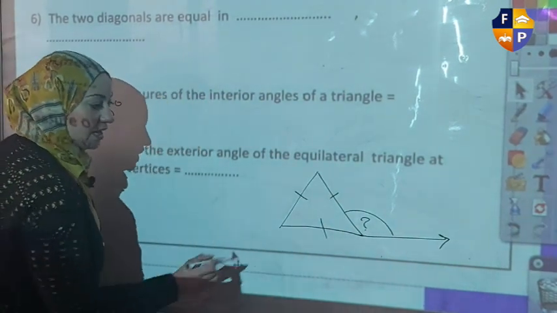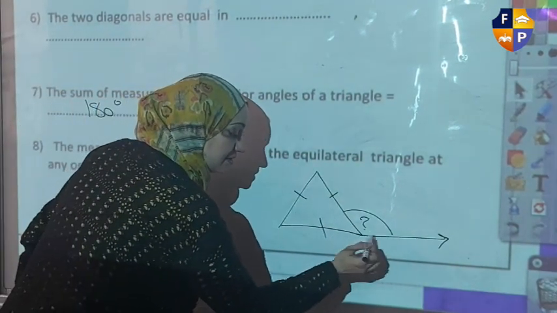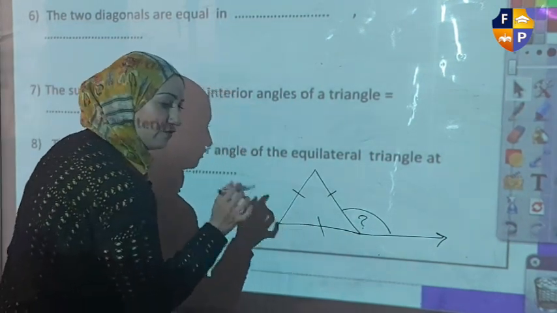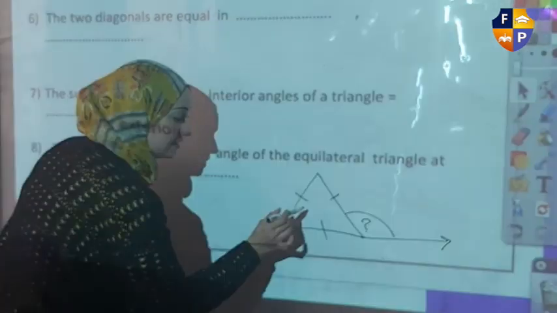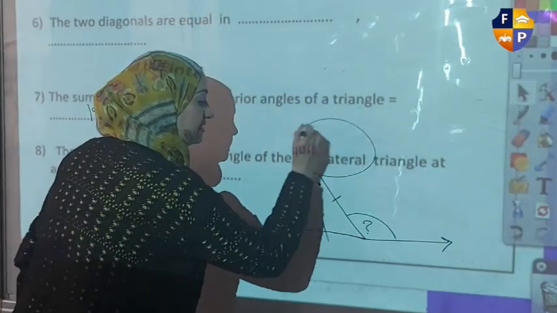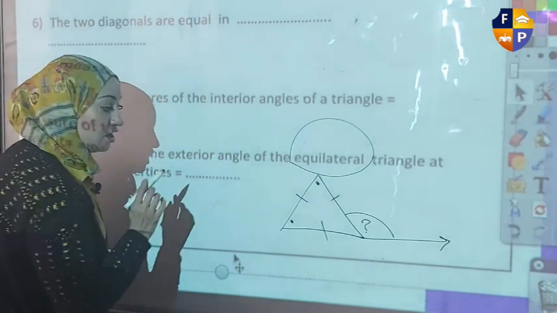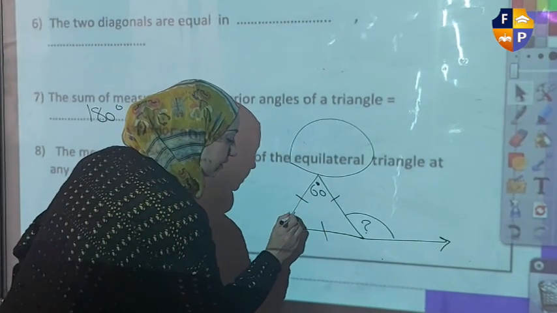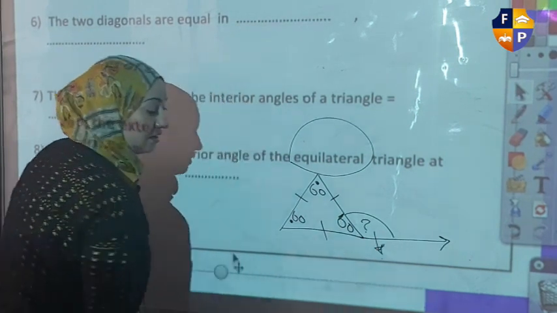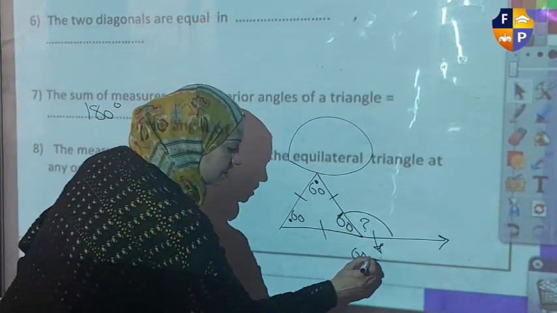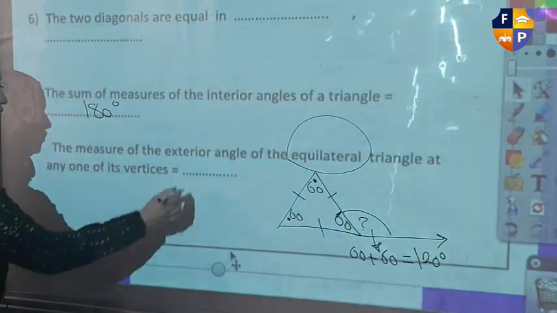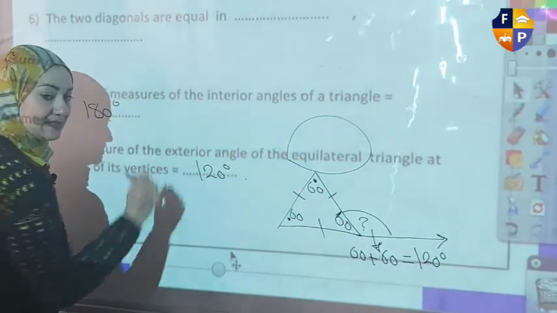As we know, the measure of this exterior angle equals the sum of the two non-consecutive angles, this plus this. It is an equilateral triangle, so each angle equals 60 degrees. Then this angle equals 60 plus 60 equals 120 degrees. That's all.